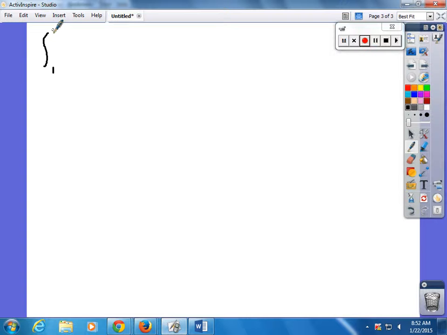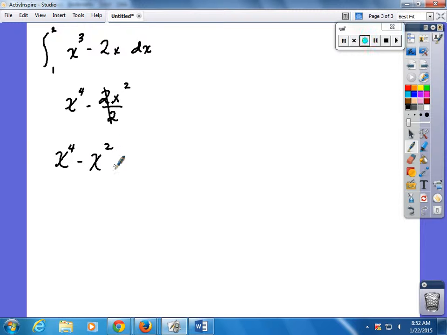antiderivative of 1, from 1 to 2 of x cubed minus 2x dx, and that's going to give us x to the 4th minus 2x squared over 2, and that's going to give us x to the 4th minus x squared evaluated at 1 and 2.